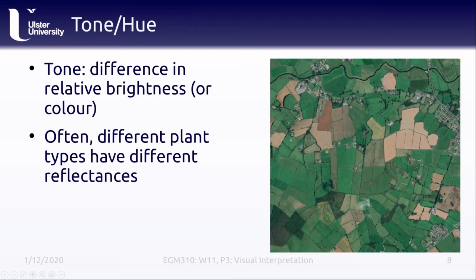They appear darker green, while the fields that we see have different shades of green, or even different shades of tan or brown. Tone or hue is often one of the main properties we can use to differentiate objects, although it may not be sufficient on its own. Many different objects can have similar looking reflectance in any given band, which is why we often try to use multiple bands wherever possible.